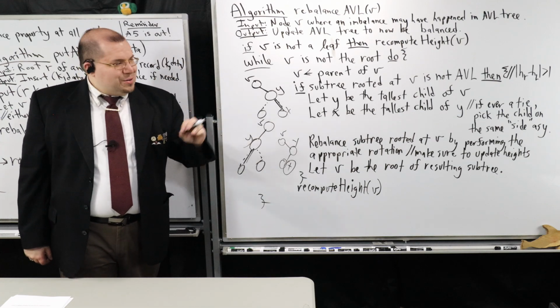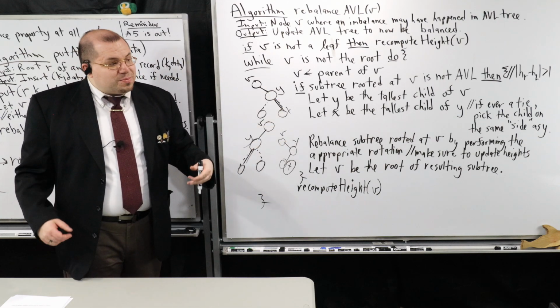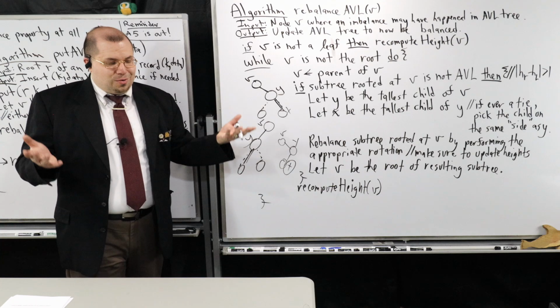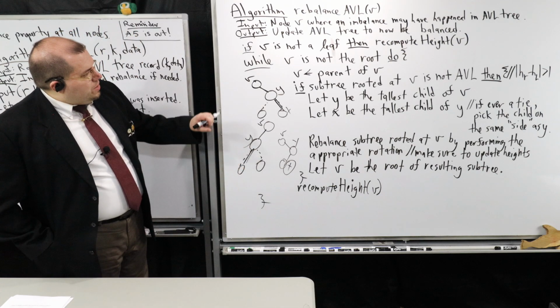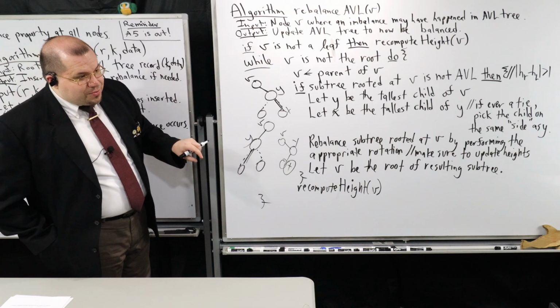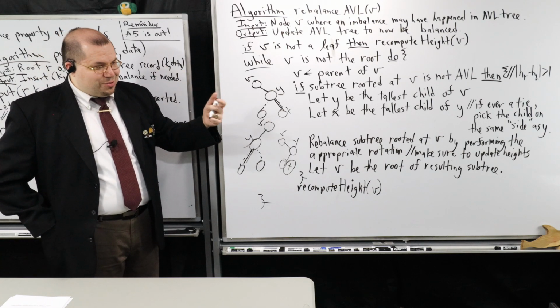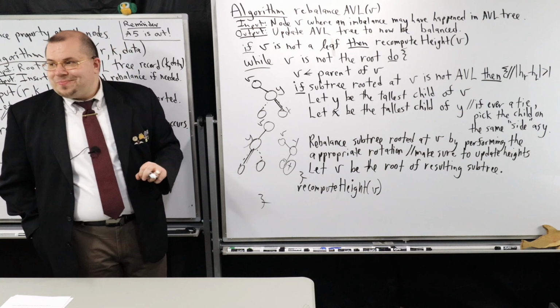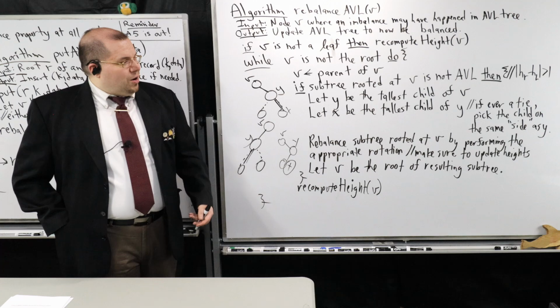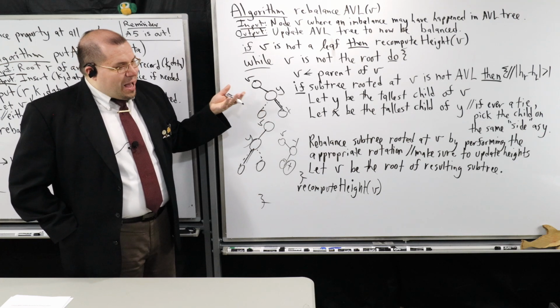The purpose of identifying these three is to perform either a single rotation or a double rotation, in the exact way we talked about last day. And the purpose of all of this is to rebalance the tree.